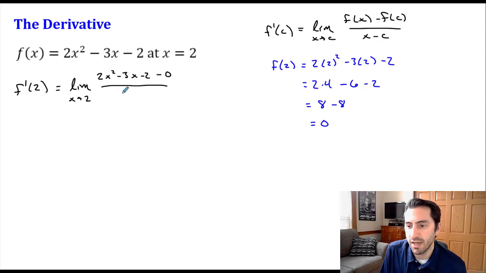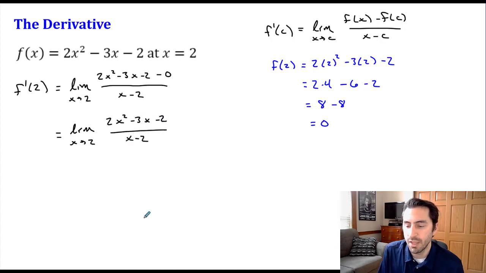And then we want to divide this by x minus c, which is x minus 2. Subtracting 0, we don't need that minus 0, so let's clean this up. So we have 2x squared minus 3x minus 2 all over x minus 2. And this is the limit we want to evaluate. Evaluating this limit will give me my derivative.